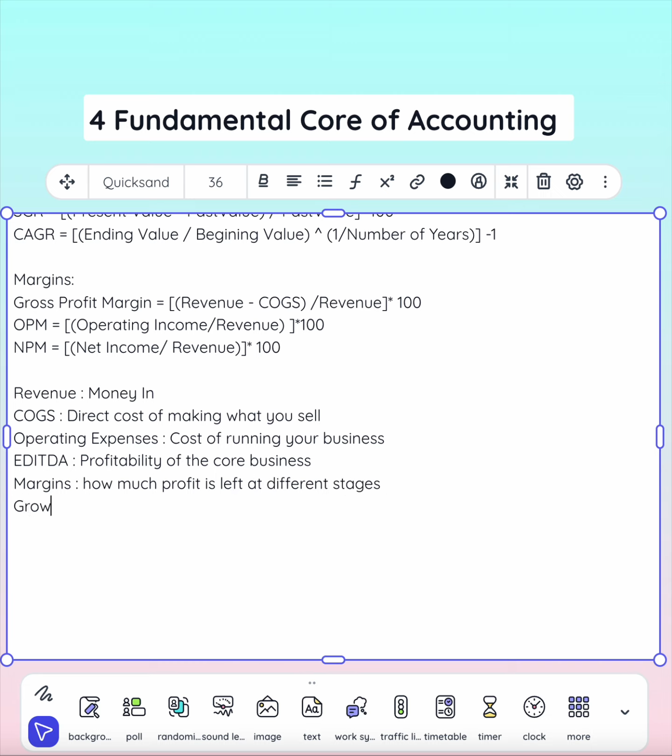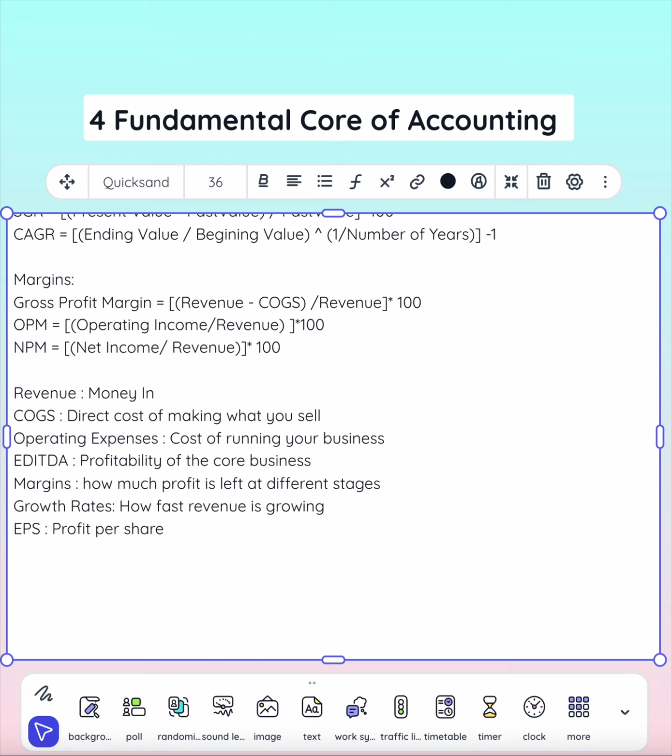Then you have the growth rate, which is how fast the revenue is growing. Finally, the EPS, earnings per share, which is like profit per share.